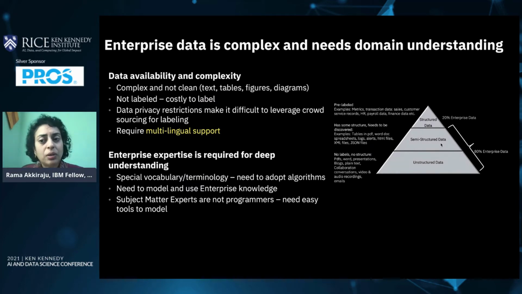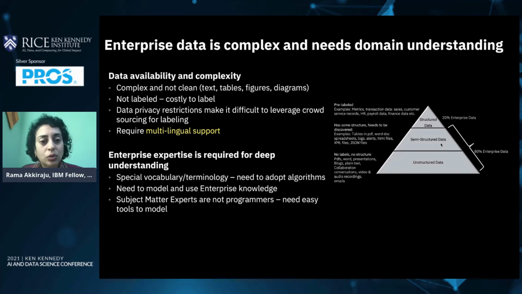In order to build AI models, you need to have labeled data in large quantities, and it's often very costly to label complex data, and the data tends to be not very clean. It comes in many formats: text, tables, figures, PDFs, diagrams, JSON, XML files, and so on.